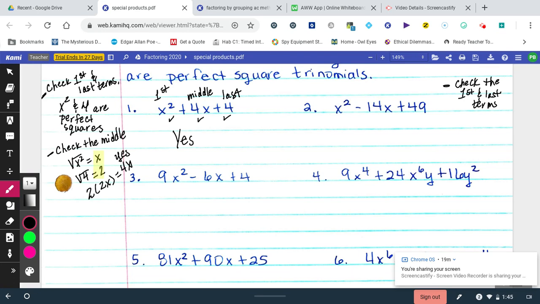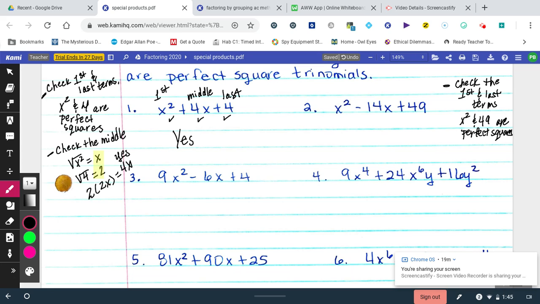They have to be perfect squares. Is x squared a perfect square? x squared and 49 are perfect squares. x squared has an even exponent, which automatically makes it perfect. Okay, they are perfect squares.